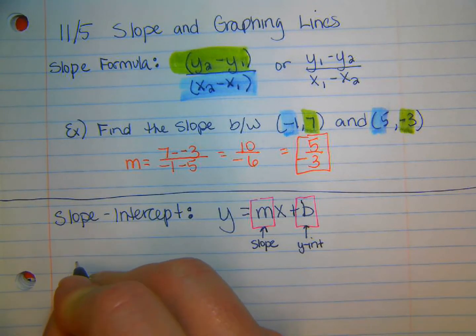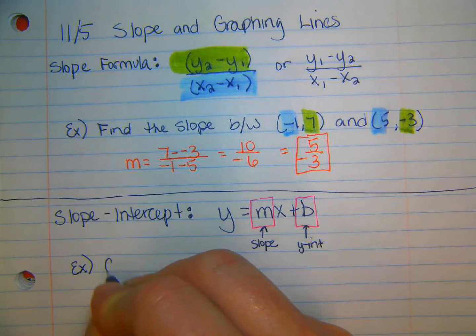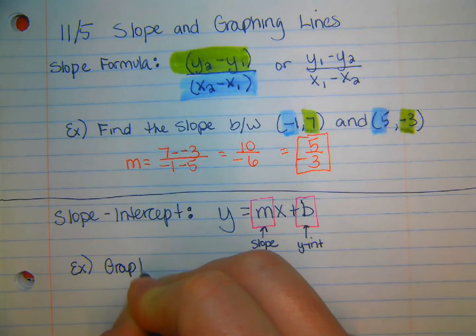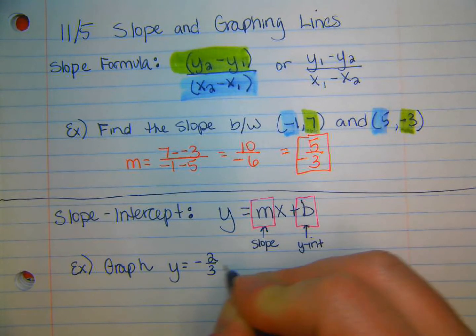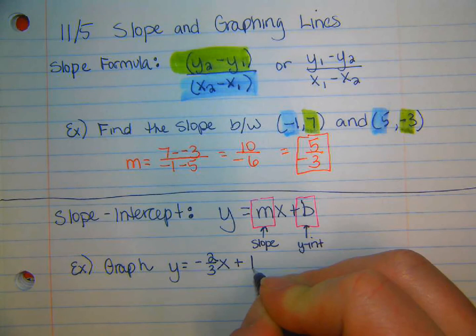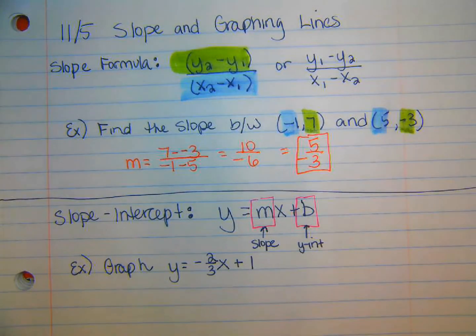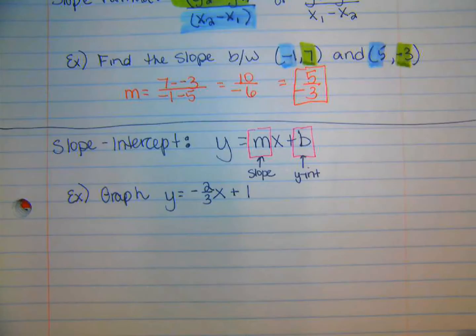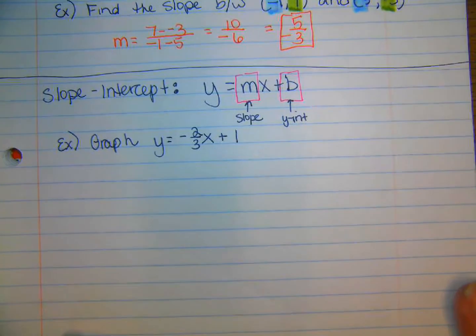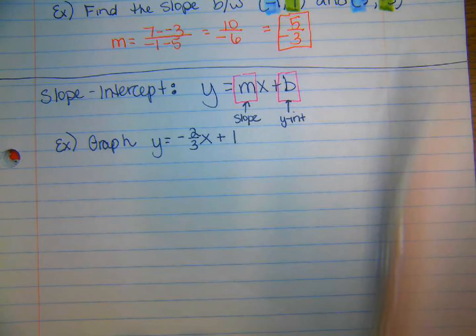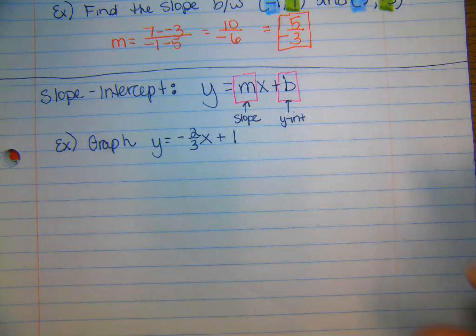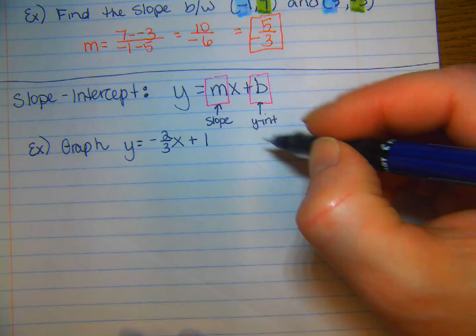So, if I asked you to graph y equals -2/3 x plus 1, where would we start?